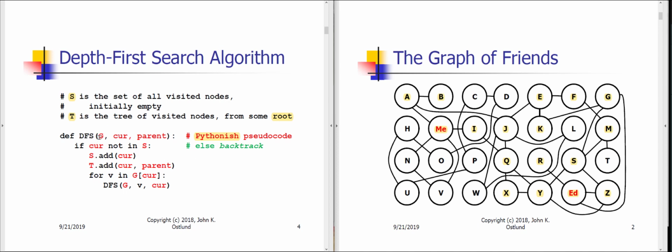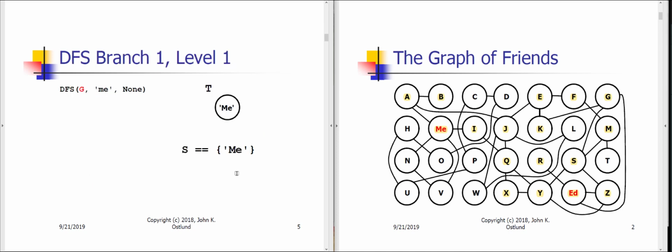The arguments are the representation of the graph, as we've had in the previous lecture. That is, the graph is a dictionary mapping each node to its directly connected nodes in alphabetical order. We specify the current node that we want to do our search from, and the parent from which we arrived at that current node.